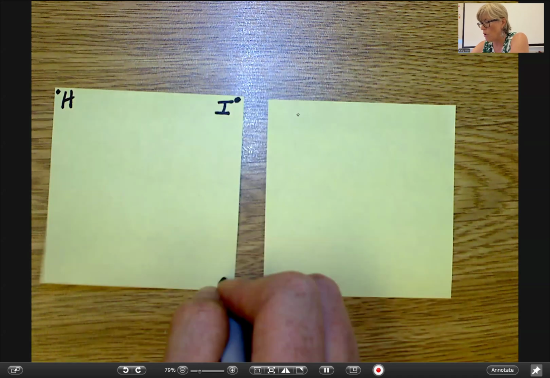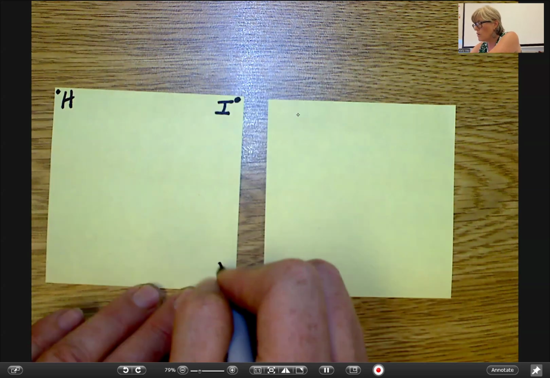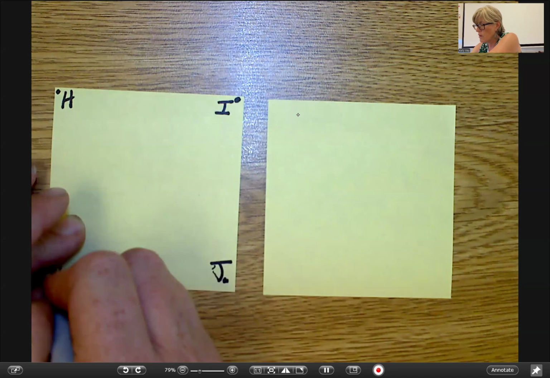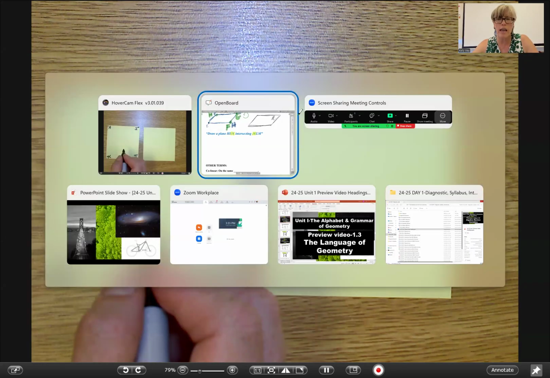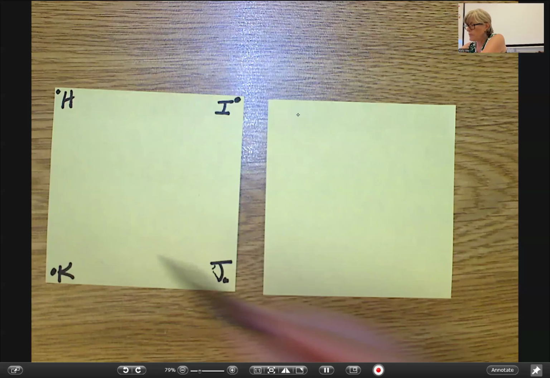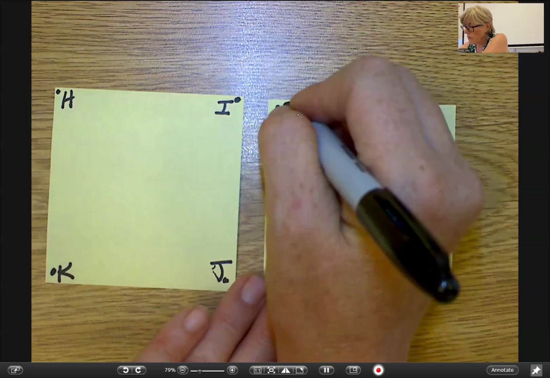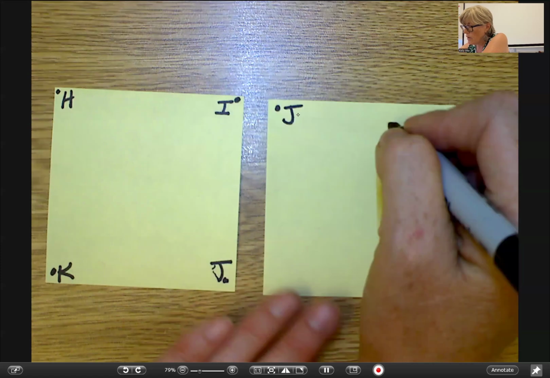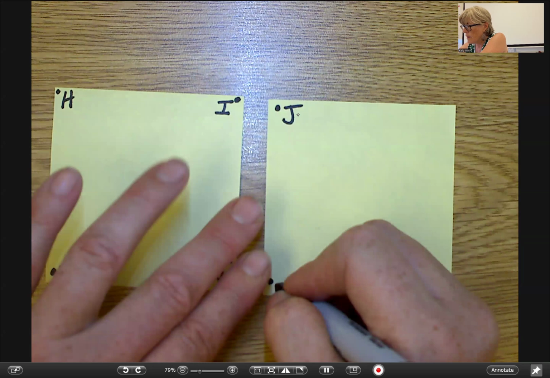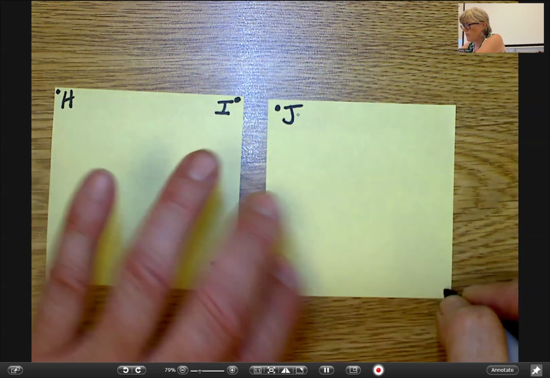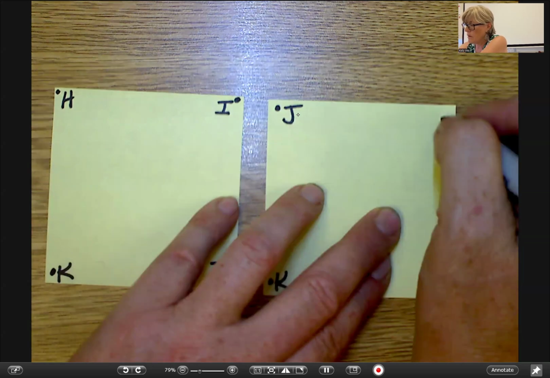I'm going to go clockwise, J and K. Then I have JKLM. J, K, L, M.